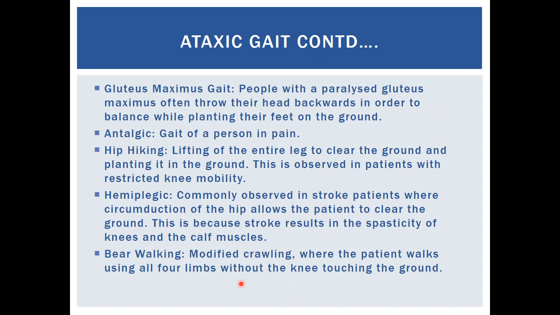They feel their egos hurt slightly, so they try to walk on all four limbs without their knees planting on the ground. So it is like walking in plank position. That is called the bear walking gait, and all these are results of ataxia.